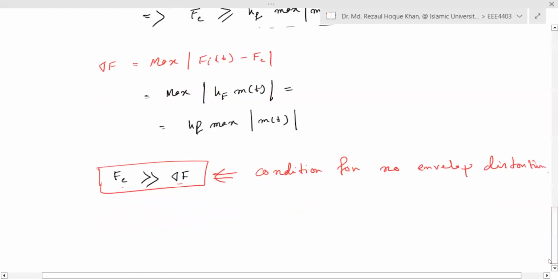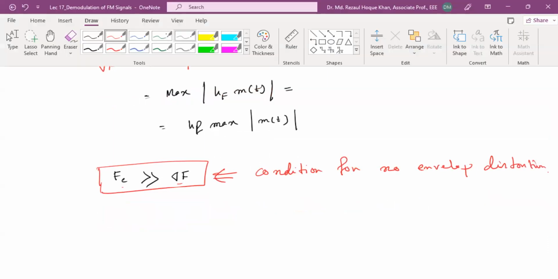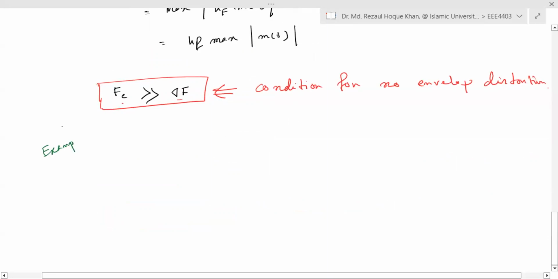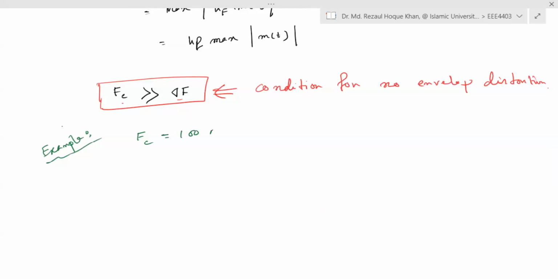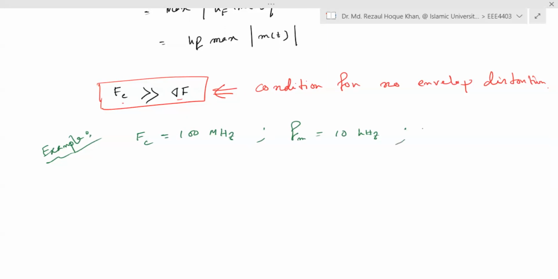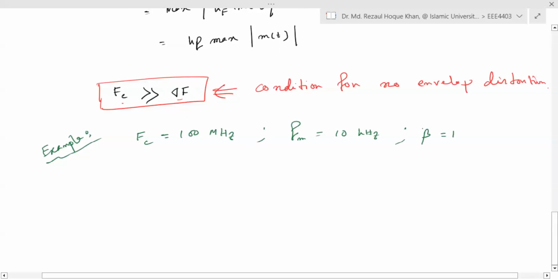Okay, so let us discuss an example. Imagine we have a carrier frequency fc of 100 megahertz, and the modulating frequency fm is 10 kilohertz, which is the frequency of our message signal, and the modulation index beta is 10.